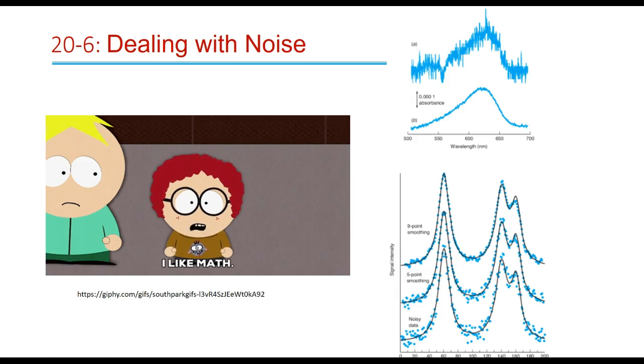Well, if we look at the bottom of the graph, we can actually average some adjacent points together to smooth it out. Now, we wouldn't want to average, say, too many data points together because then we'd have big gaps. So if you look at really noisy data, and then you look at something like 9-point smoothing, you can see that there are actually fewer data points in the 9-point smoothing.